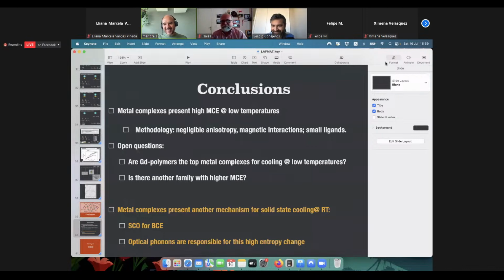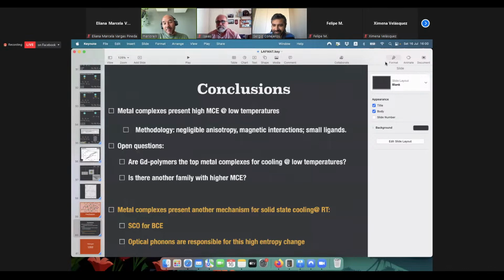But it's tricky because we need to make the metal centers as close as possible to increase the magnetic density, however without making them interact. That's the idea.